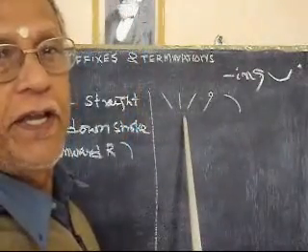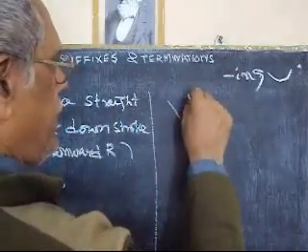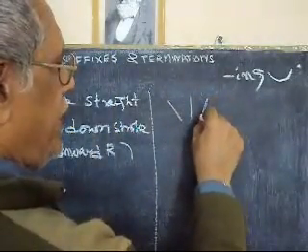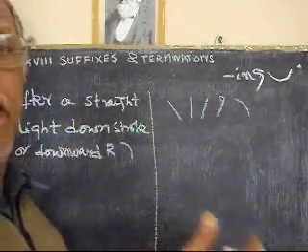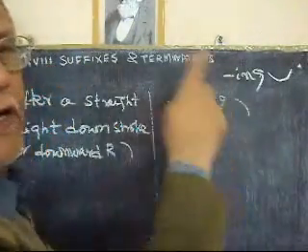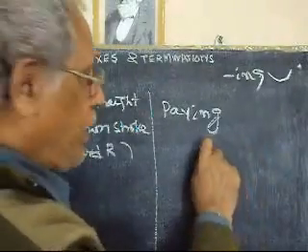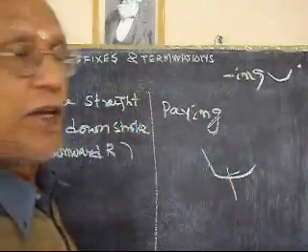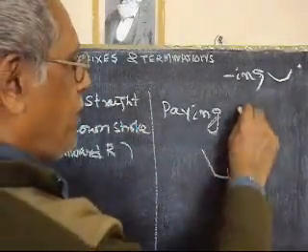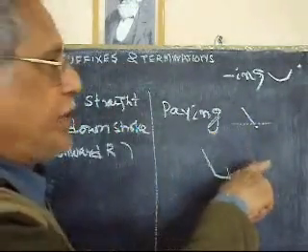P, T, Chay, Hay, downward Hay. These are the light straight downstrokes, and downward R. Paying: you need not write ing now, this is the easiest way. So after a light straight downstroke, use dotting.